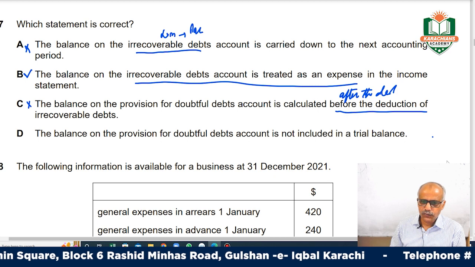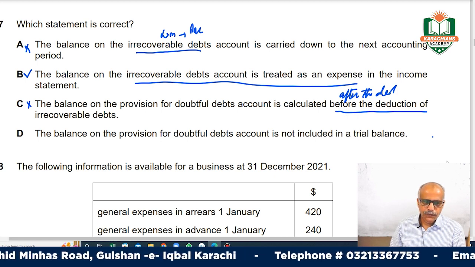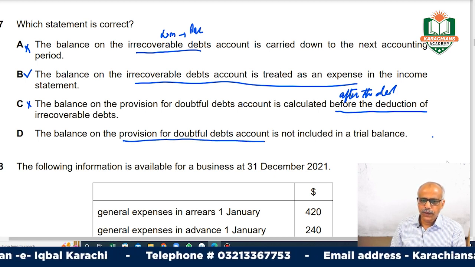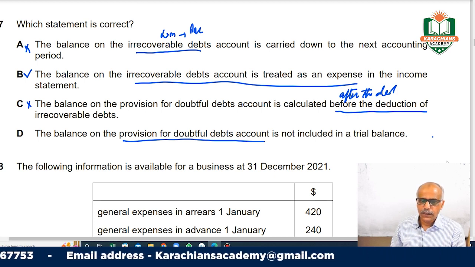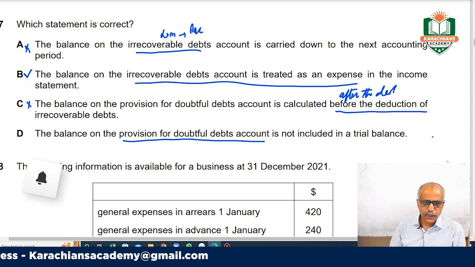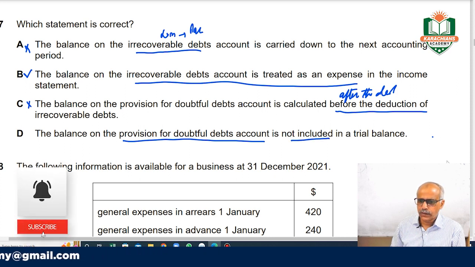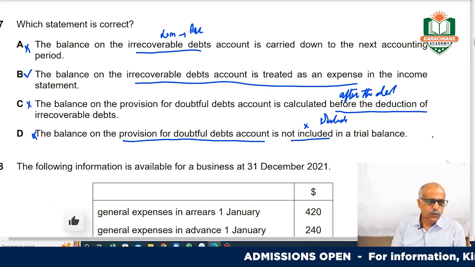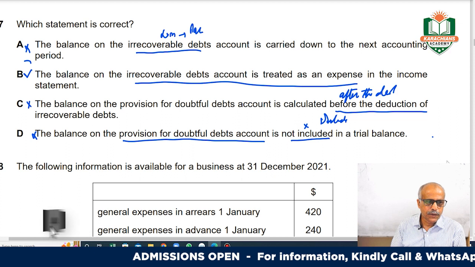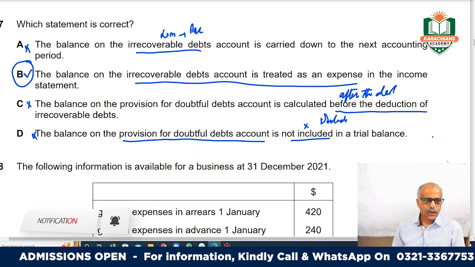No, it is, because we maintain a credit account and it is reported in your trial balance, right? So this is also wrong. On question number 7, option B is correct.